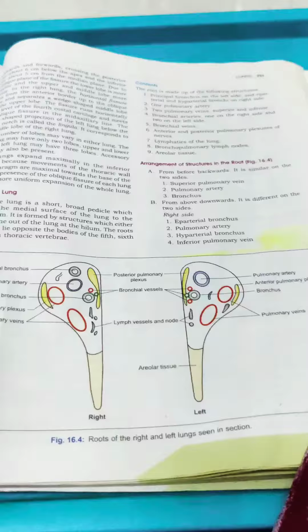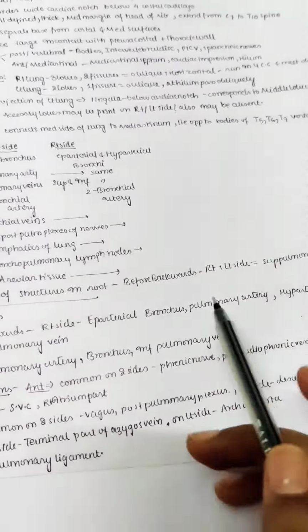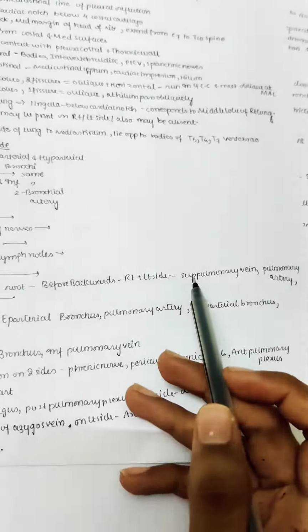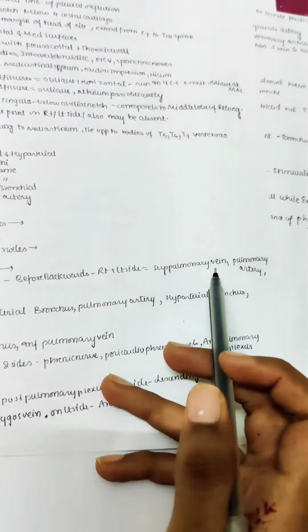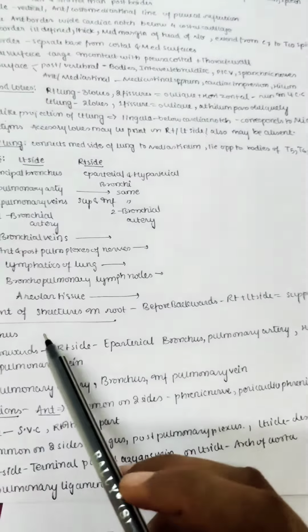Next we will see the arrangement of structures in the root. So you can see here the arrangement of structures in the root. From before backwards, on the right side and left side we have the same order. First we have the superior pulmonary vein, next we will have the pulmonary artery, and after that we will have the bronchus.